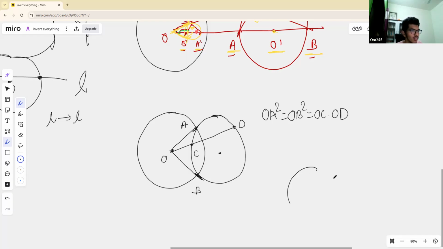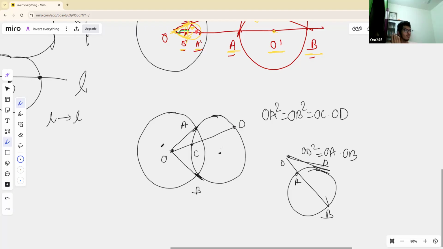This is true because if you consider any point outside, by power of point we know that this O is here and this is D. Then OA squared is equal to OC into OD. This is power of point. But note that OA squared is R squared. So if you consider the image of C, it should be D only, because OC into OC dash equals R squared.